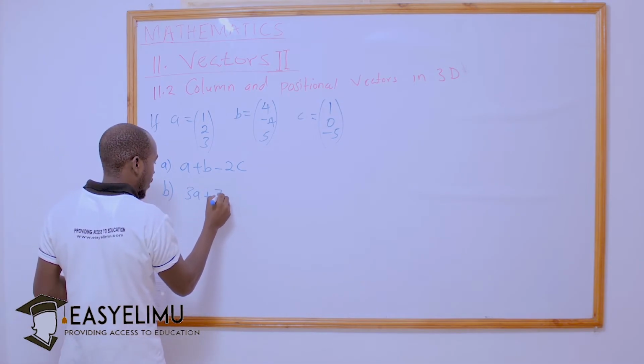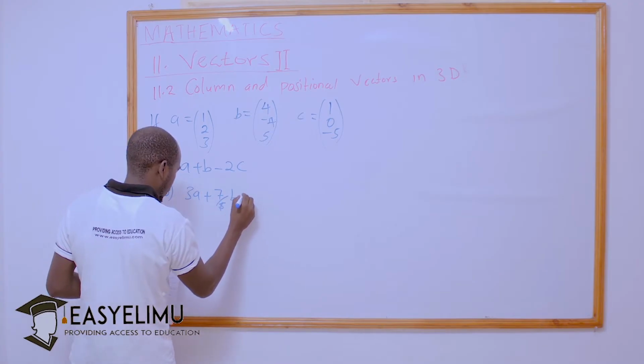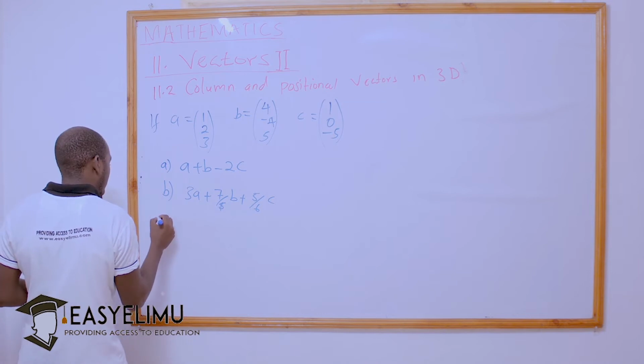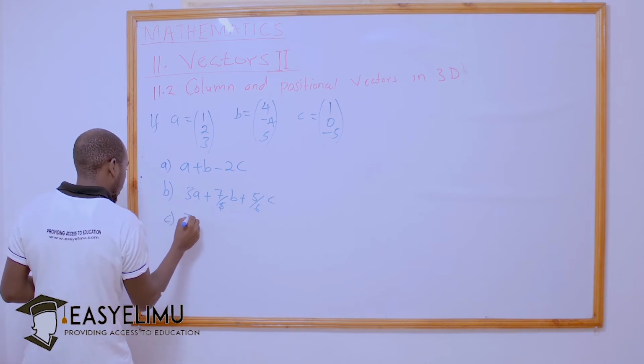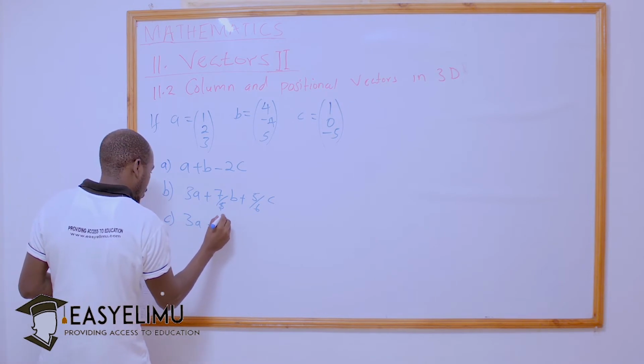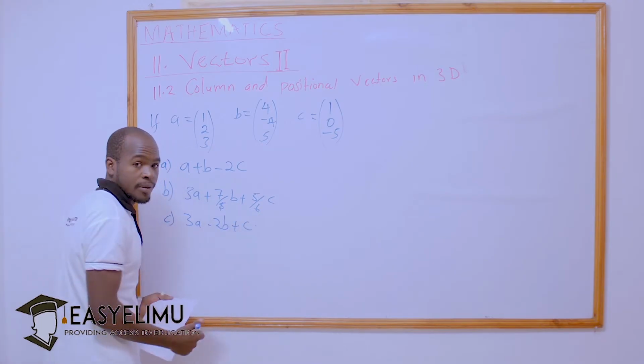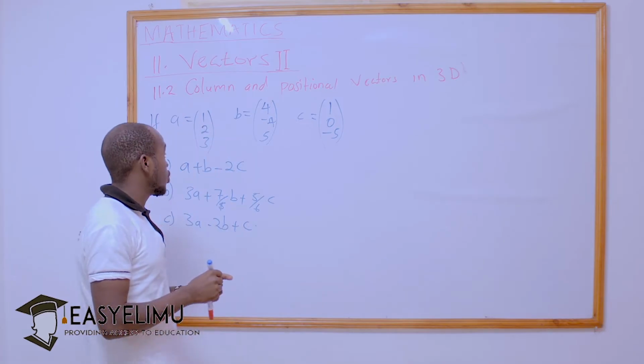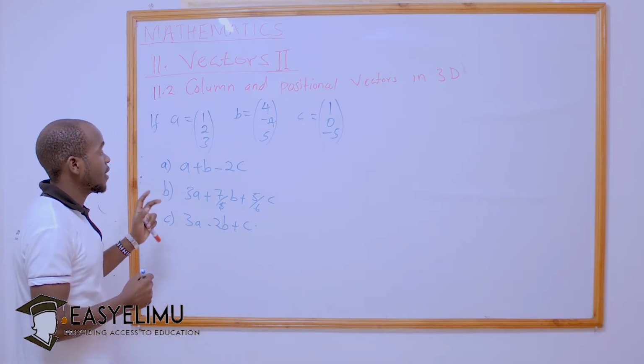B, 3A plus 7 over 8 B plus 5 over 6 C, and C, 3A minus 2B plus C. What we have here will guide us to work out the given sums.